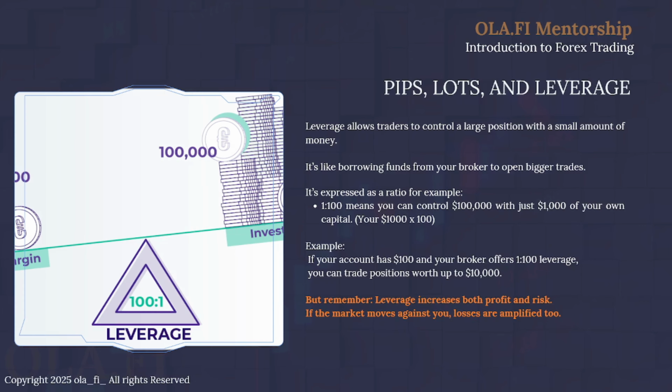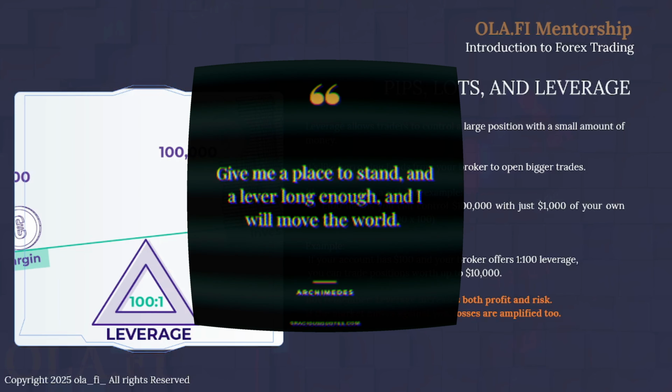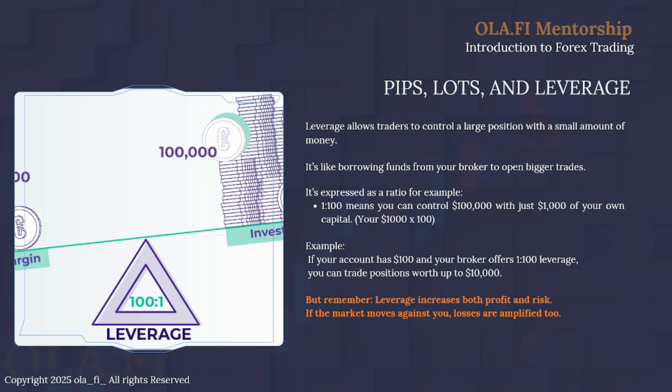It's a fulcrum. There's a common quote that says, give me a fulcrum and a rod long enough and I will shift the earth. I think Archimedes made that quote. Basically, leverage is how with a little bit of energy you can move something big.